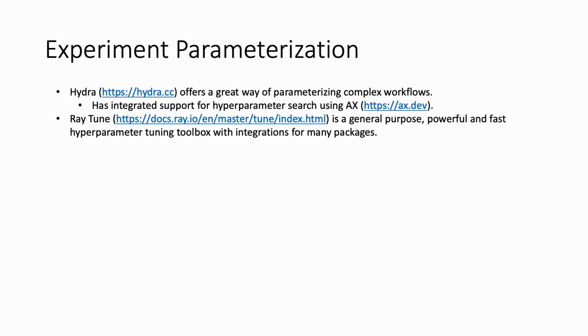Furthermore, it offers ways to tie configuration together with object-oriented design, and even adds automatic support for hyperparameter search. On this note, we also want to mention Ray Tune as a very general, very powerful toolbox for hyperparameter tuning that provides access to many algorithms.